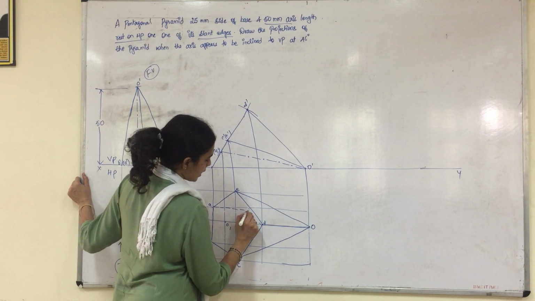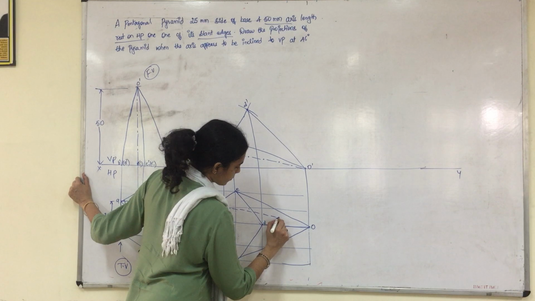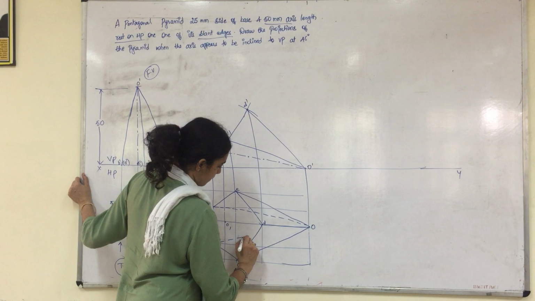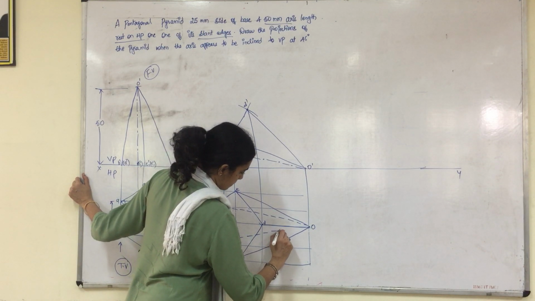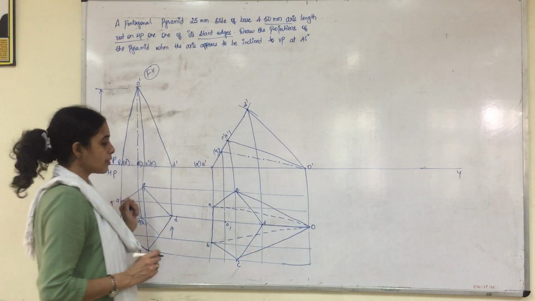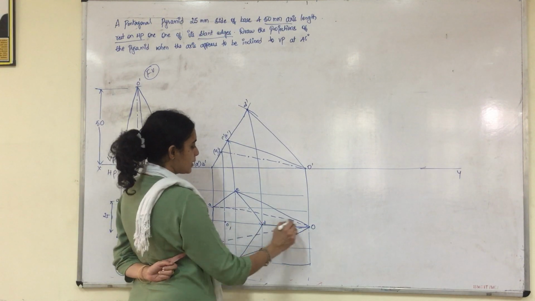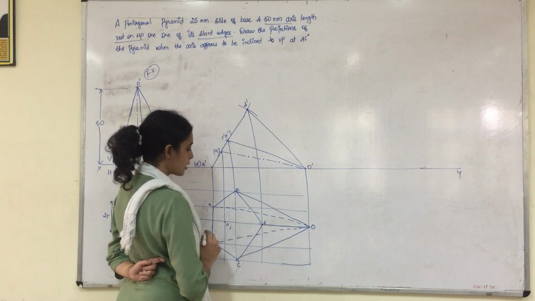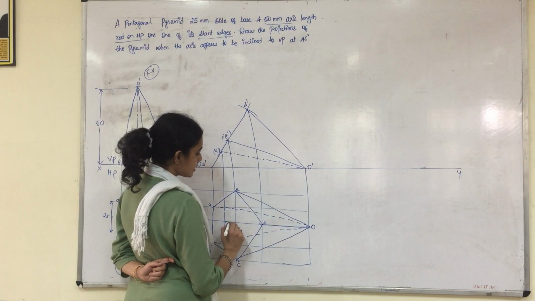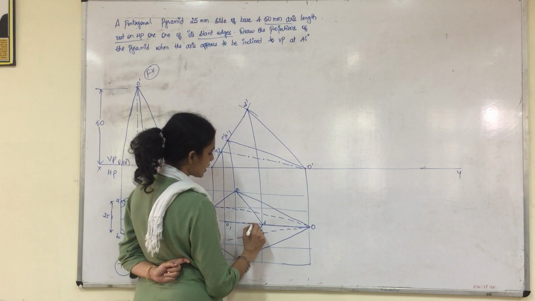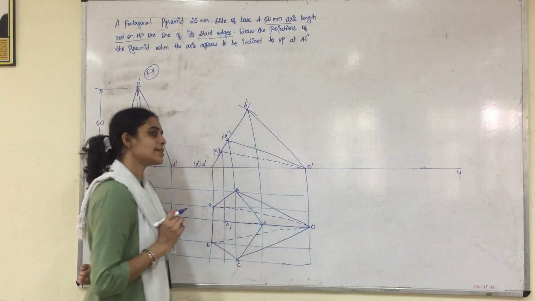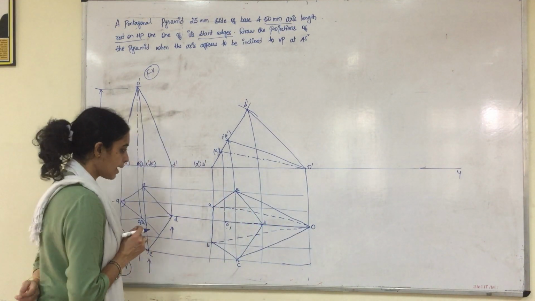So show hidden line from A to O and from B to O, right? After this we have the axis from O1 dash to O, but this axis is passing through inside the surface, so that is overlapped with one of the longer edges. Since it is passing through inside the surface, we will show this as a hidden line from O1 dash to D, but from D to O it is a continuous and visible line.